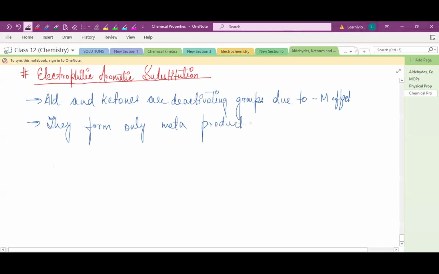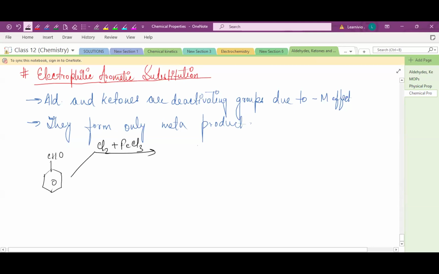Suppose, let's take an example. Suppose we take benzaldehyde. When we do the chlorination, we add Cl2 plus FeCl3. Now tell me, Moniba, in this reaction, what is the electrophile? What is the electrophile and what will be the product here?